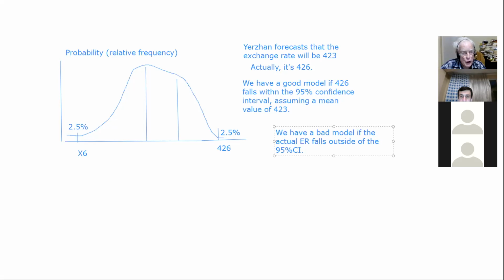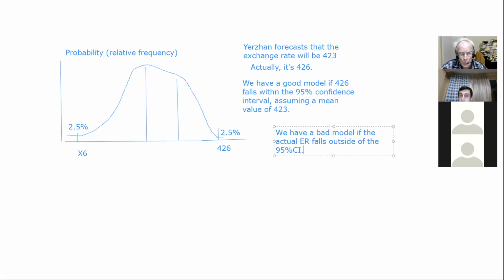So that's the reason for calculating a 95% confidence interval for our forecast. It is almost impossible that the actual exchange rate will equal exactly 4/23.